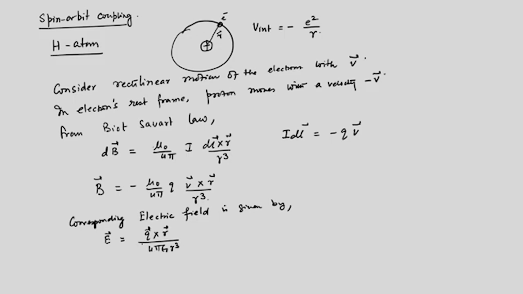This is basically the static electrostatic field which is because of the point charge at a distance r. q is of course the charge of the nucleus, that is the charge of the proton.